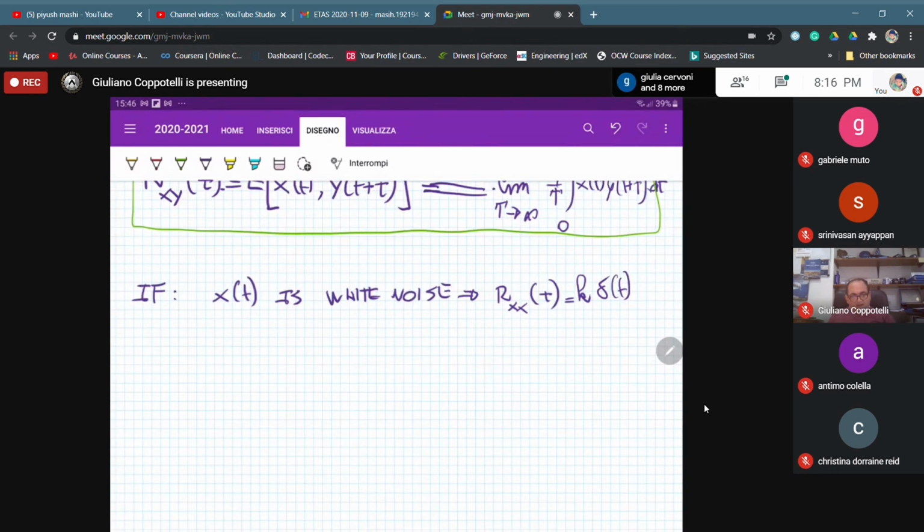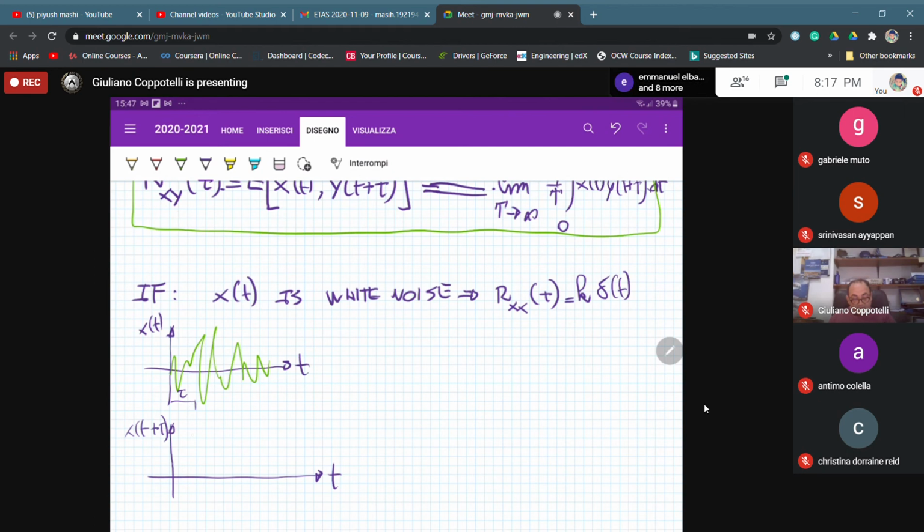Let's assume we have whatever time response, something like that, and then let's consider the same function once again, but with a time shift tau. So let me move this in this way.